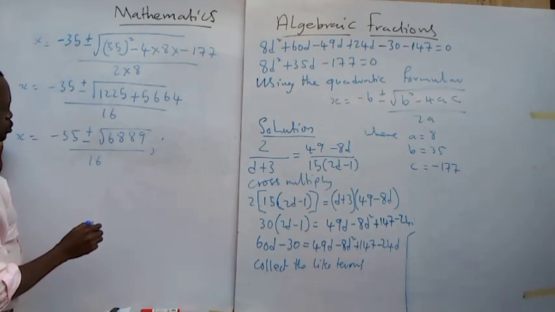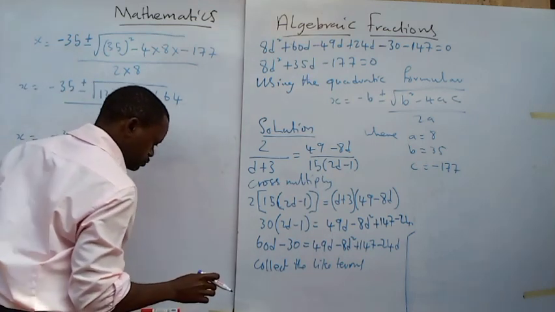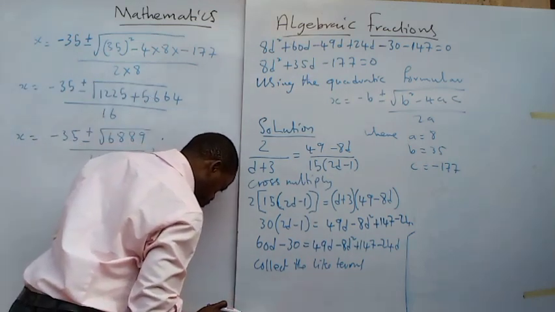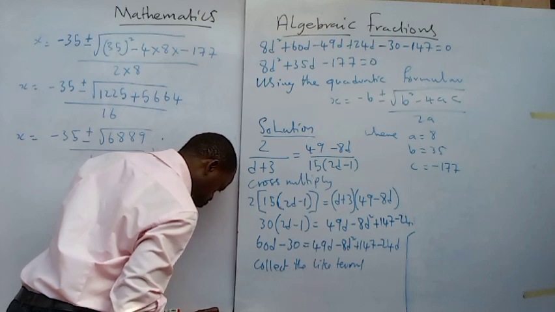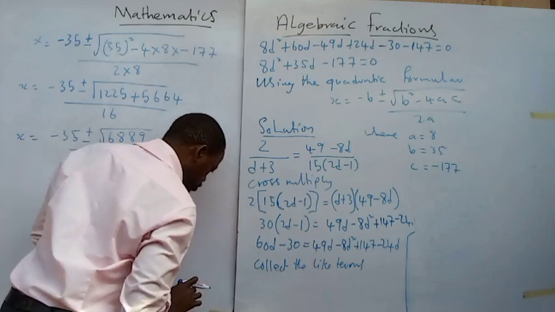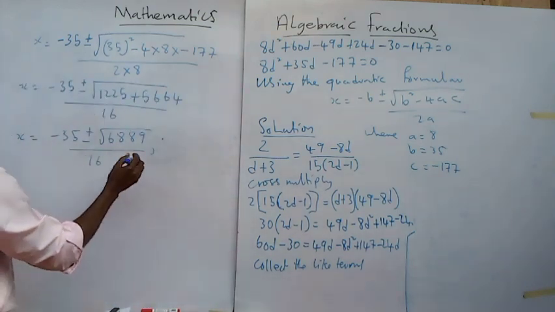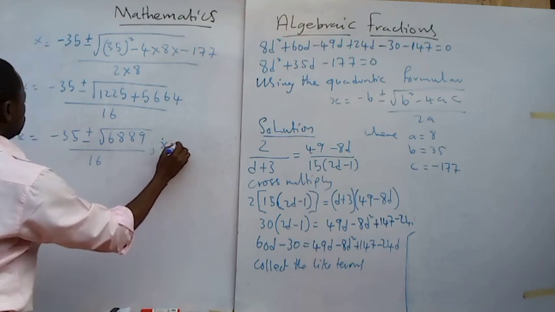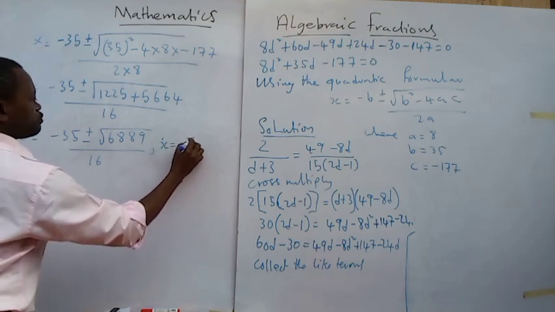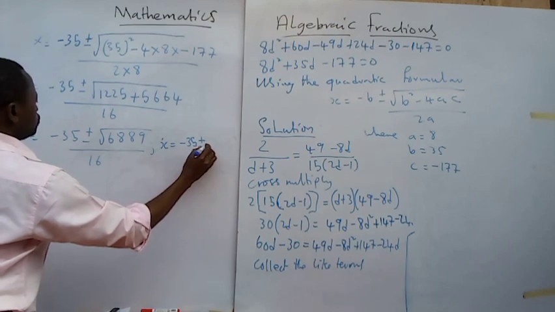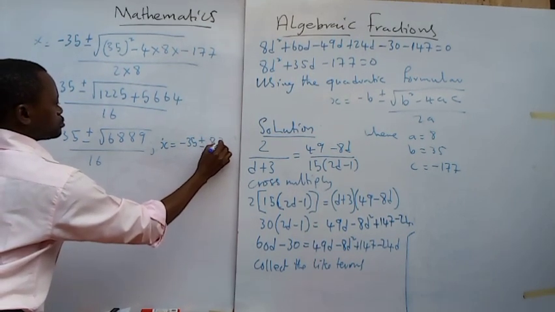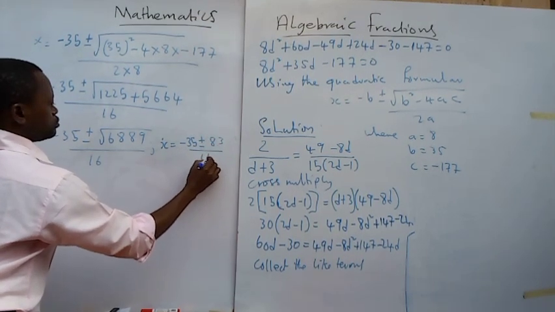Okay, so the square root of this figure now is 83. So we have that x will be equal to minus 35 plus or minus 83 over 16.